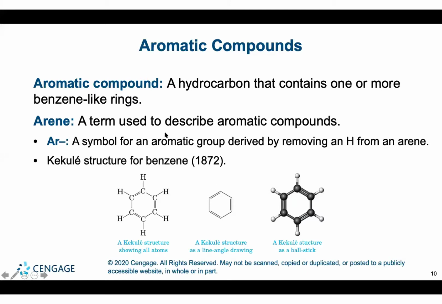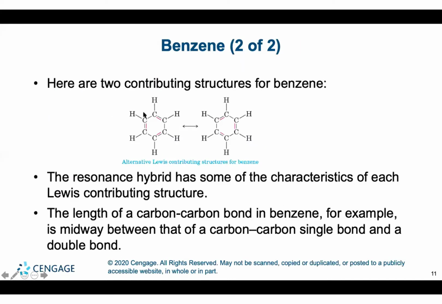Rn is a term used to describe aromatic compounds. The 3 double bonds that I said are inside this hexagon, which we call benzene, can rotate, providing resonance structures.